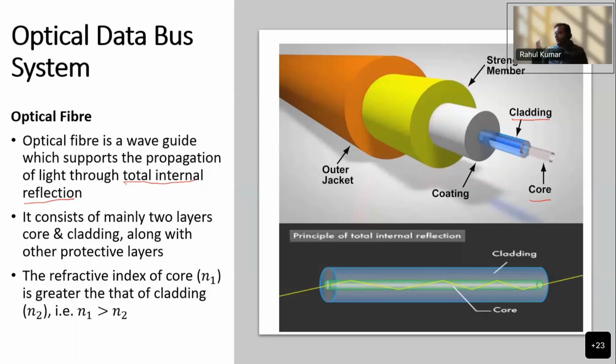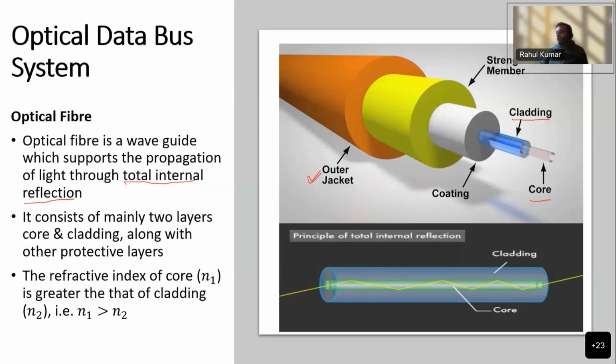So you need some protective layer to protect your glass optical fiber, and you have an outer jacket to protect it from environmental degradation, something like sun and rain. It is some kind of plastic coating, that is your outer jacket.